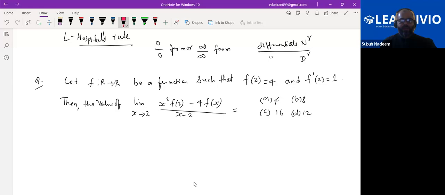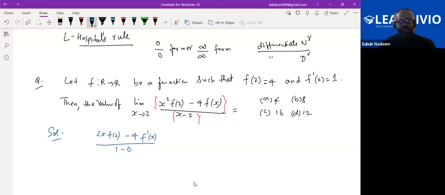This is the numerator. This is the denominator. This will be 2x f(2), right? f(2) is a constant, so it will be just multiplied. X squared differentiation is 2x. And this will become minus 4 f'(x). Differentiation of f(x) is f'(x). Upon differentiation of x is 1 and differentiation of 2 is 0.